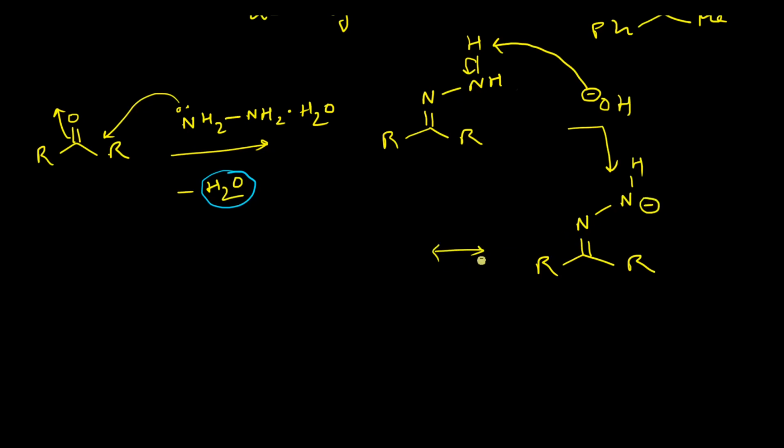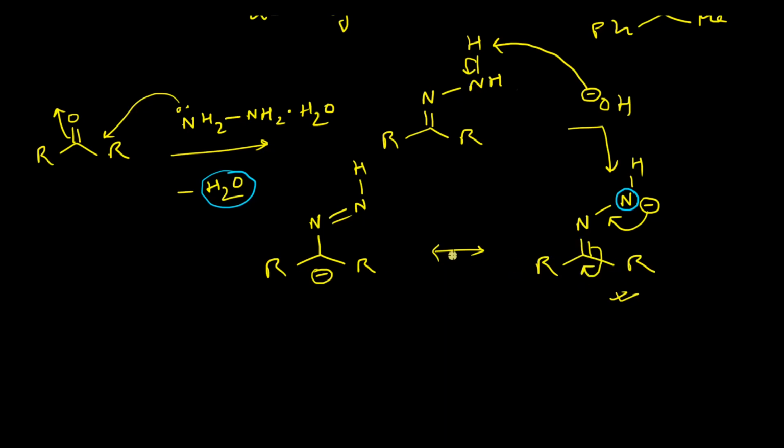Now you can see that this particular anion is resonance stabilized. So it will be stabilized via conjugation like this, and its conjugated form or the resonance hybrid will look like this, right? So here you can distinctly tell that this particular form where the negative charge is on the nitrogen atom, which is more electronegative than carbon, will be more contributing in this equilibrium.